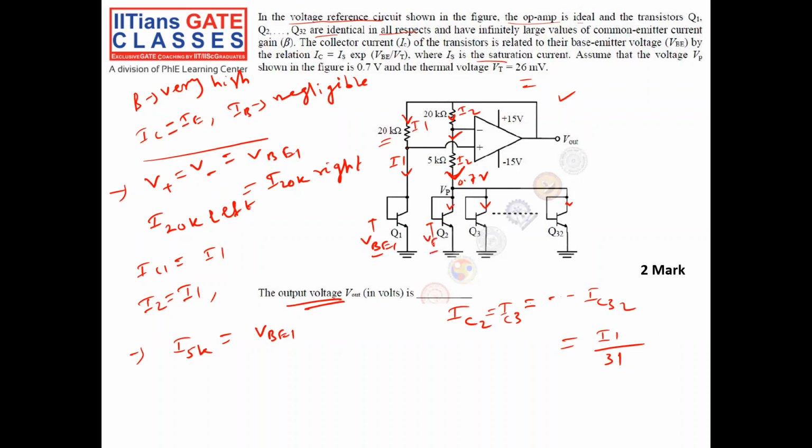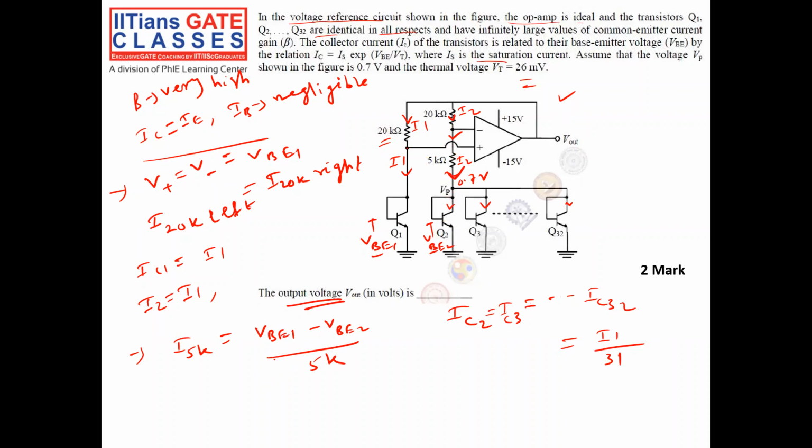So the voltage across 5K is VB1 minus VB2, divided by 5K for the current.